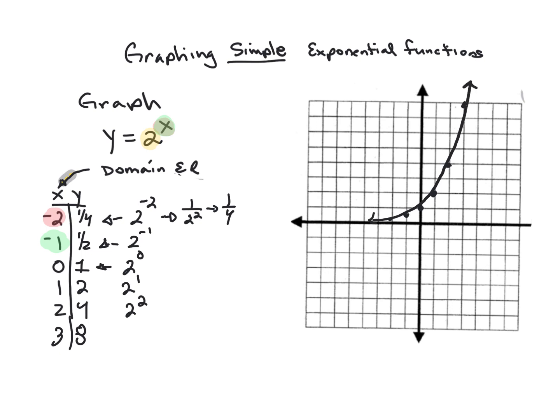And this is an asymptote. This is called a horizontal asymptote. What that means is the graph is going to get closer and closer and closer to the x-axis, but it's never going to touch it or cross it. It looks like it touches it now because we can't see, but it technically doesn't cross it or touch it. And that's what we call a horizontal asymptote.